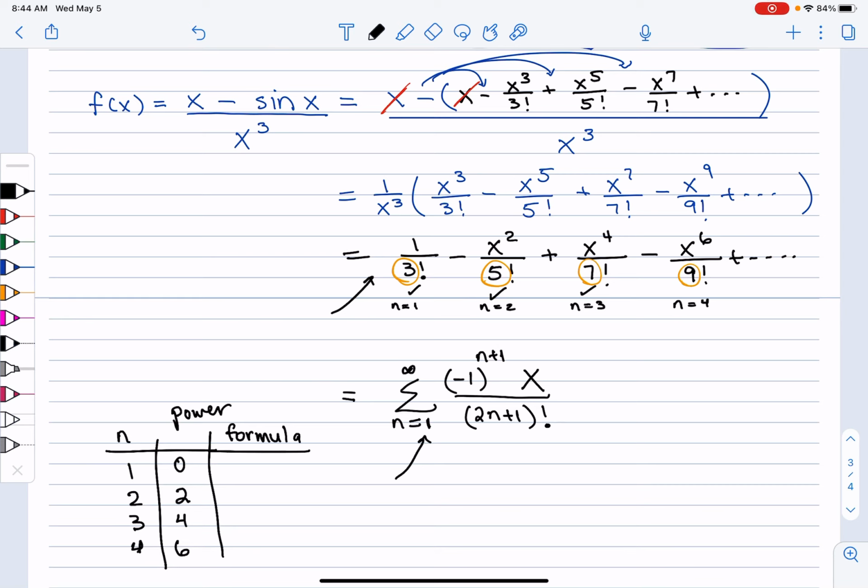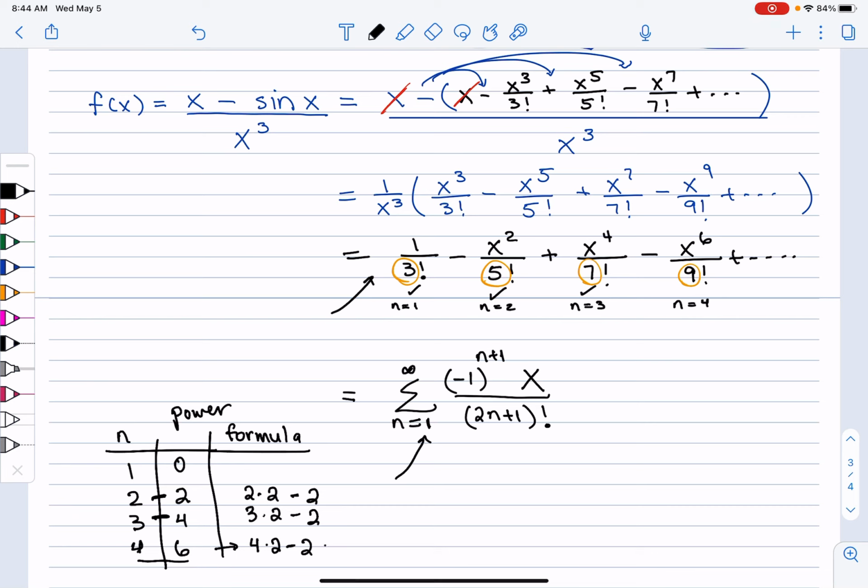So we can think about the relationship between 4 and 6 as 4 times 2 minus 2. We can think about the relationship between 3 and 4 as 3 times 2 minus 2. We can think about the relationship between 2 and 2 as 2 times 2 minus 2.